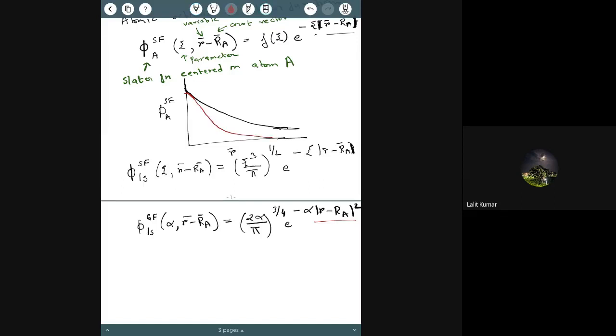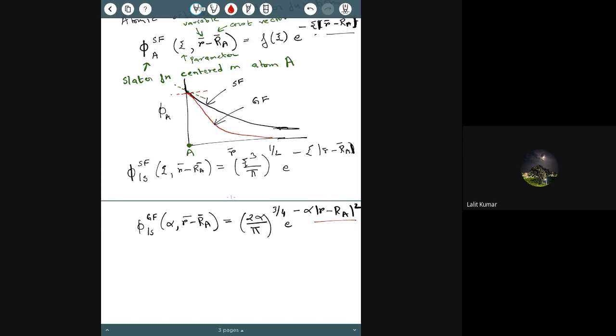So let's say this is phi A, and this is the Slater type function, and this is the Gaussian type function. The two major differences in these two plots is that at atom A, at the nucleus, you have a finite slope for the Slater function, but a zero slope for the Gaussian function near the nucleus.